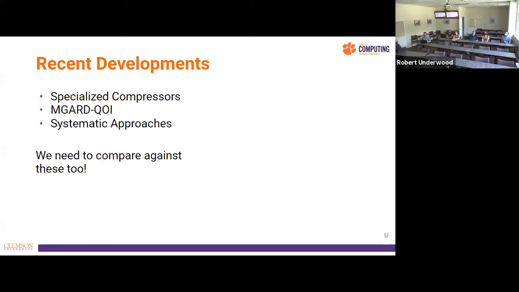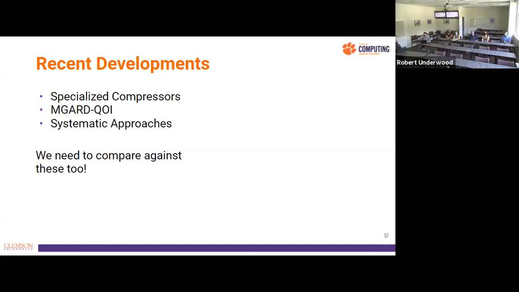After the publication of the FRAS work in IPDPS, the International Parallel and Distributed Processing Symposium, several other research teams looked at similar problems. They invented bespoke compressors for preserving the quality of a particular error bound, such as PSNR.